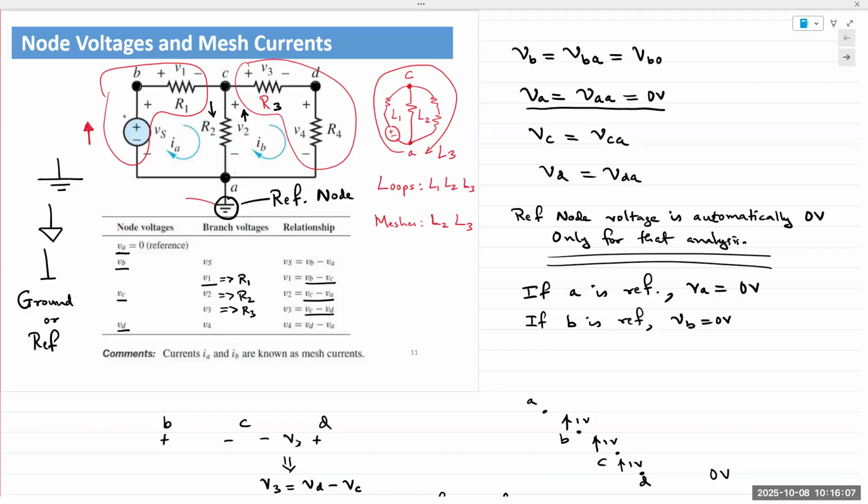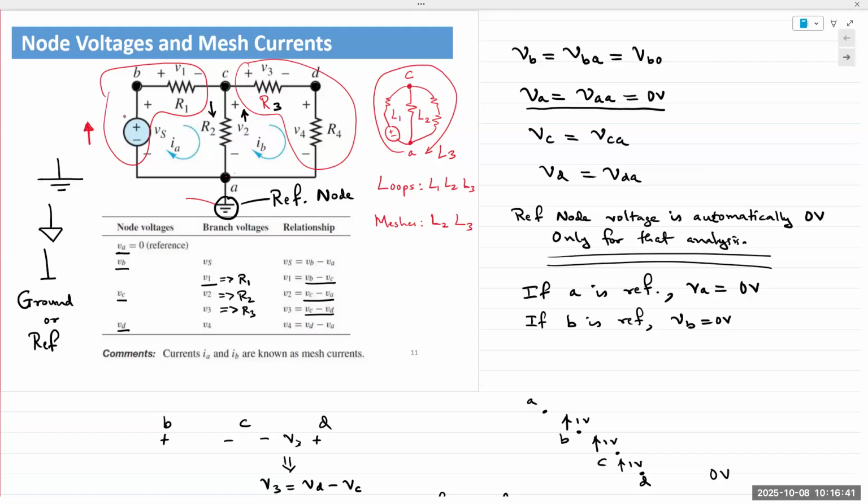Again, this is a law of conservation of energy. Current is like any other physical quantity, always goes from plus to minus, except when it's a source. For a source, it flows from minus to plus. Otherwise, our equations would never balance out. Okay. So current through resistors and any other components will always go from plus to minus, except when it's a source. For a source, it always goes from minus to plus.